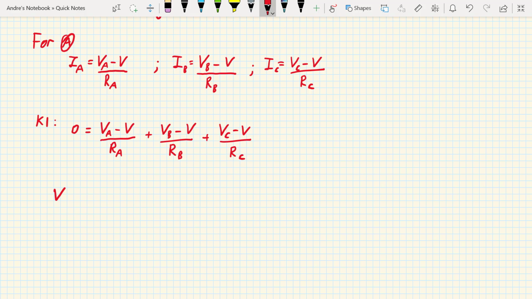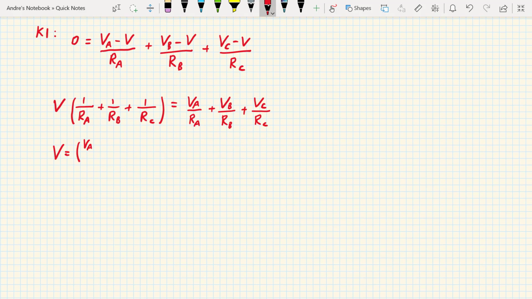What we now do is to gather terms involving V and take them over to the left-hand side. Take the V out. That gives us V into 1 over RA plus 1 over RB plus 1 over RC is equal to VA over RA plus VB over RB plus VC over RC. We then divide by the factor that's multiplying V, and that gives us an expression for V.